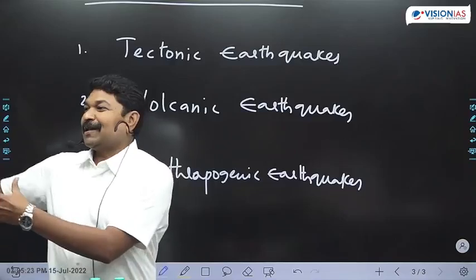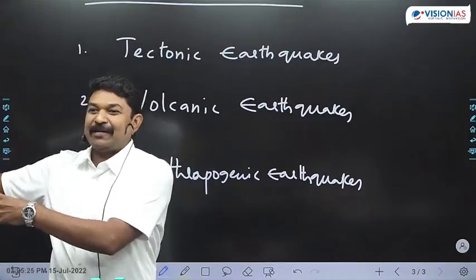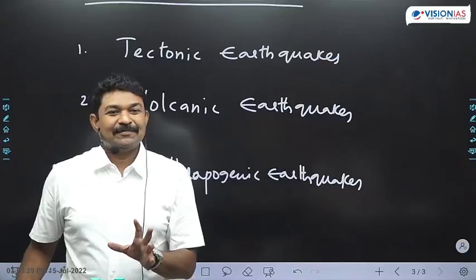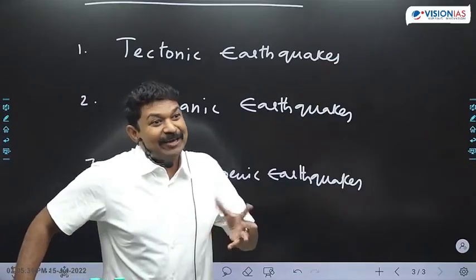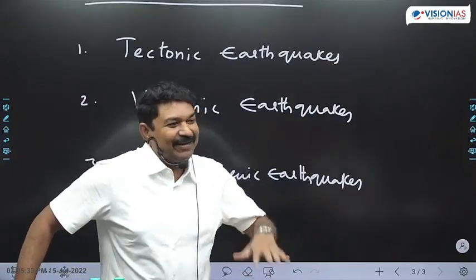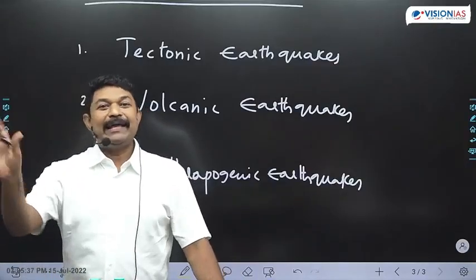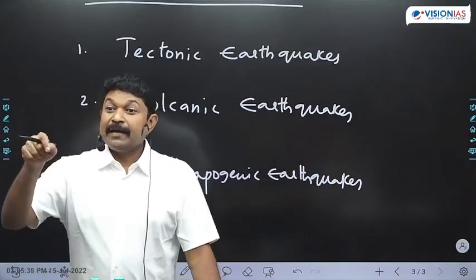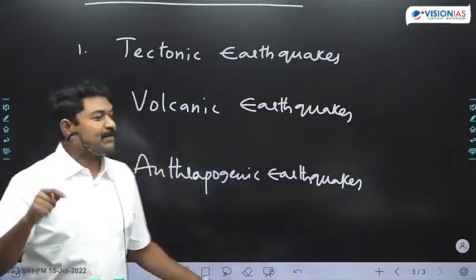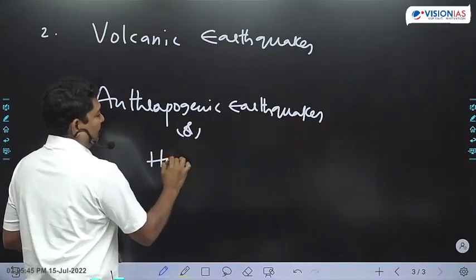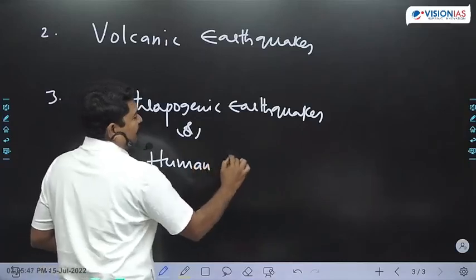If you want to claim a fire accident, you put some fire and claim the insurance. But can you claim earthquake insurance? Can you create an earthquake? How can man create? He never creates. He can induce. That's why it is called human-induced earthquakes.